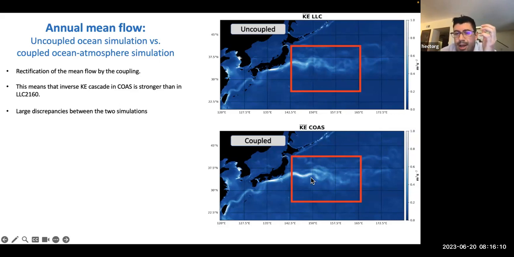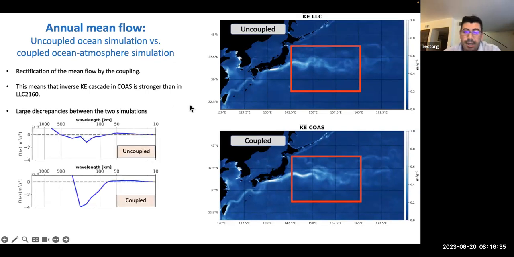This difference lies in the mean flow, how strong and how coherent the mean flow is in the coupled simulation when you compare to the LLC. Of course, this difference has an implication in the kinetic energy fluxes, because now you have a stronger mean flow in such a way that it can trigger the production of either more mesoscale eddies or stronger mesoscale eddies. And this is emphasized in the kinetic energy fluxes.